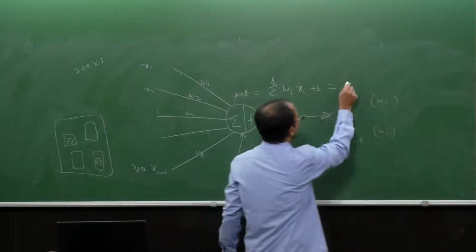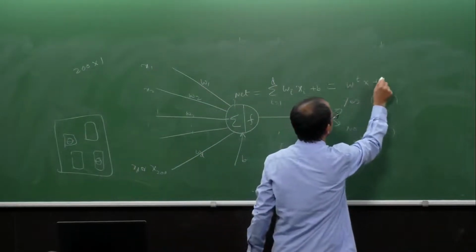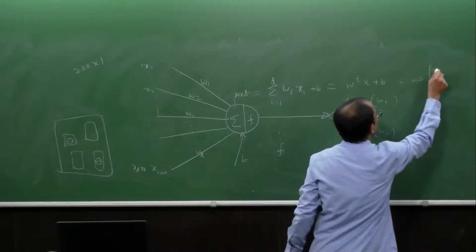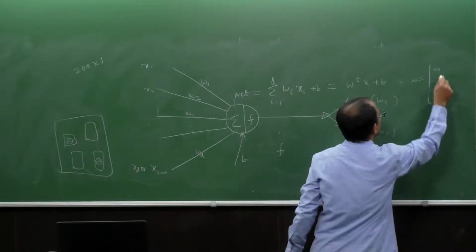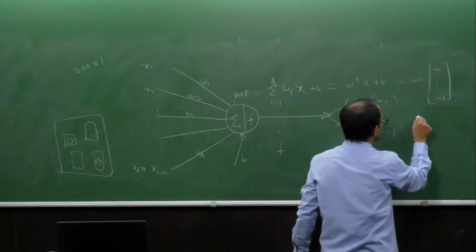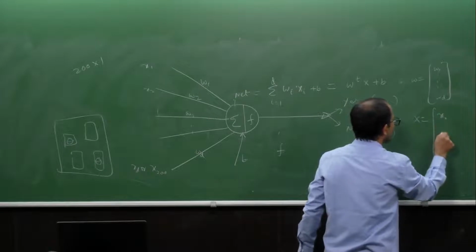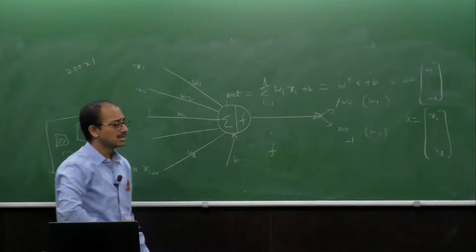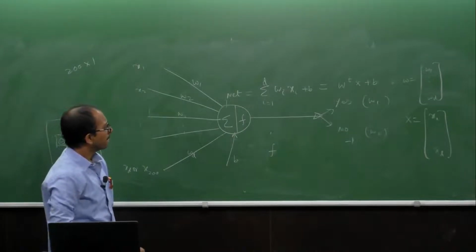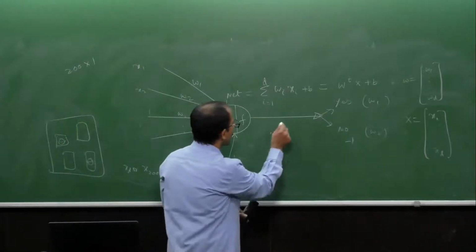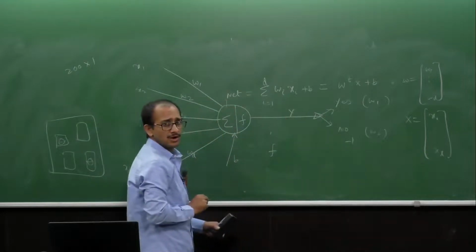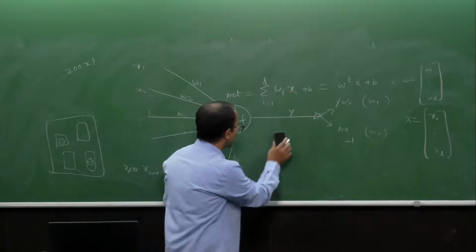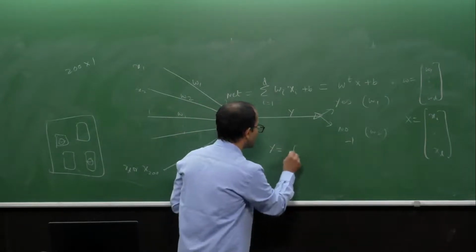Yes, it can be written simply as W transpose x plus b, where W is W1 up to WD and x is X1 up to XD. Is this fine? Now I consider the output of f as y. So x1 to xd are inputs, and y is the output. Y is given by the activation function f of the net value.